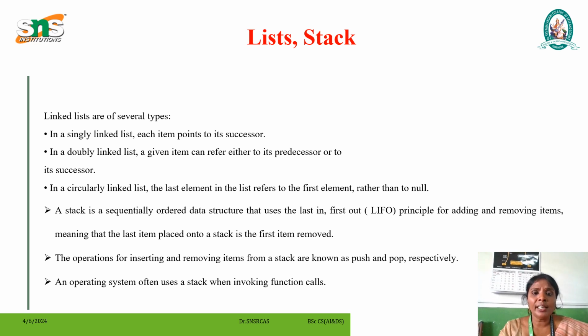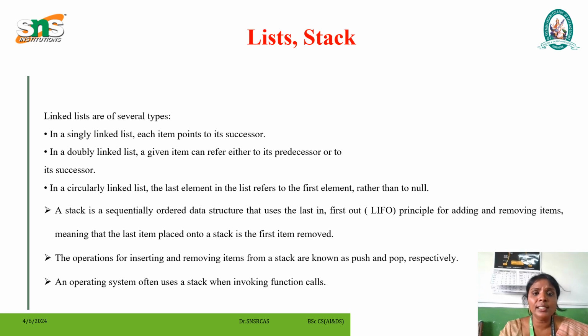After array, lists are perhaps the most fundamental data structure in computer science. Whereas each item in an array can be accessed directly, the items in a list must be accessed in a particular order. That is, all lists represent a collection of data values as a sequence. Linked lists are of several types. There are singly linked lists and doubly linked lists.